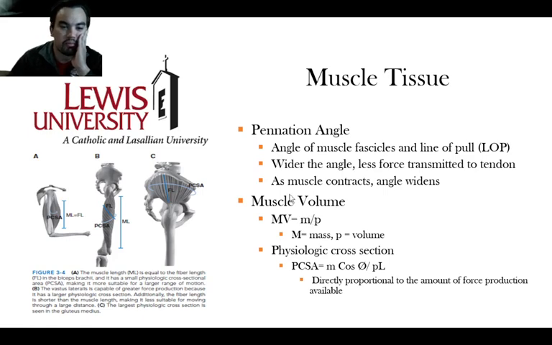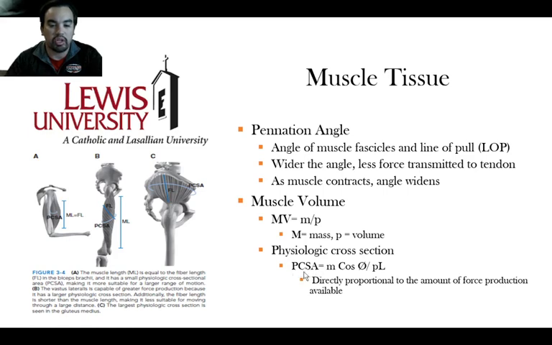Okay. Then you have muscle volume. Muscle volume is very critical to determining the amount of force that a muscle can produce. So the equation is muscle volume equals mass times volume. Okay, and that gives you your muscle volume. Physiological cross-section is what you'll look at a lot.